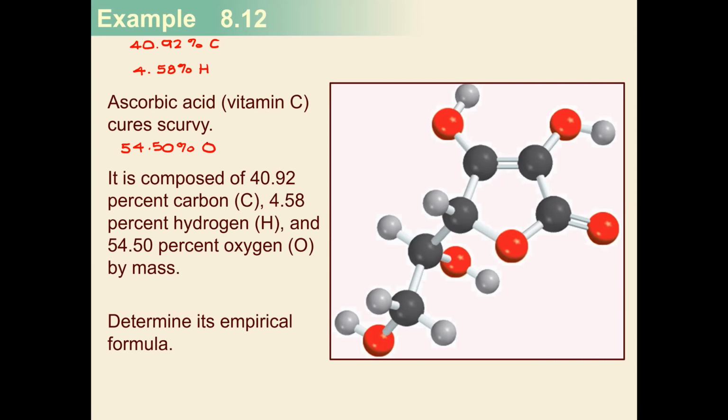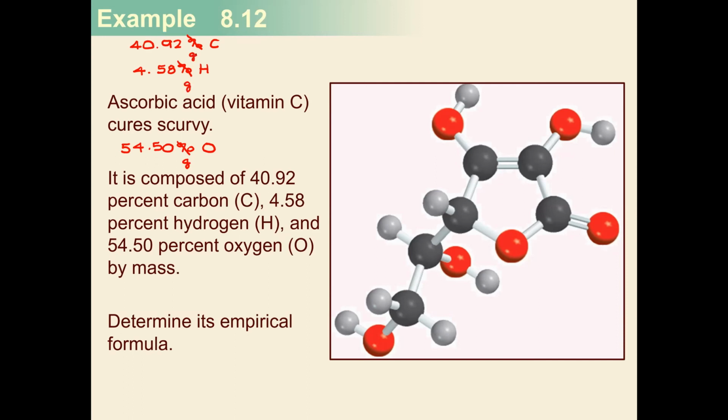So the percentages don't do us very well here. The best thing that we can do for our first step is assume a 100-gram sample. The reason that we do this is that if we assume 100 grams, we can change these percentages into grams. So that is the first assumption that we are allowed to make.